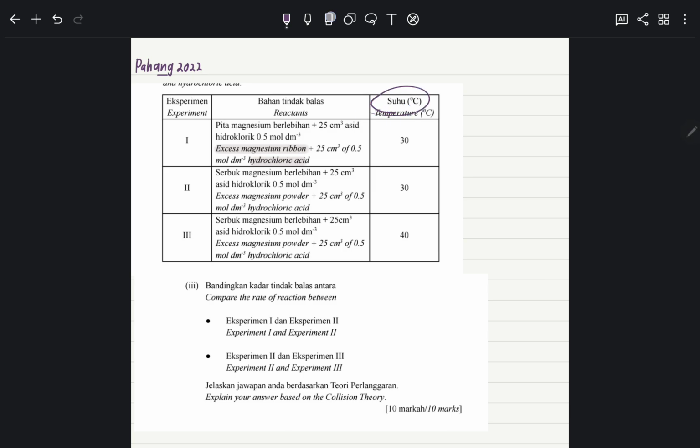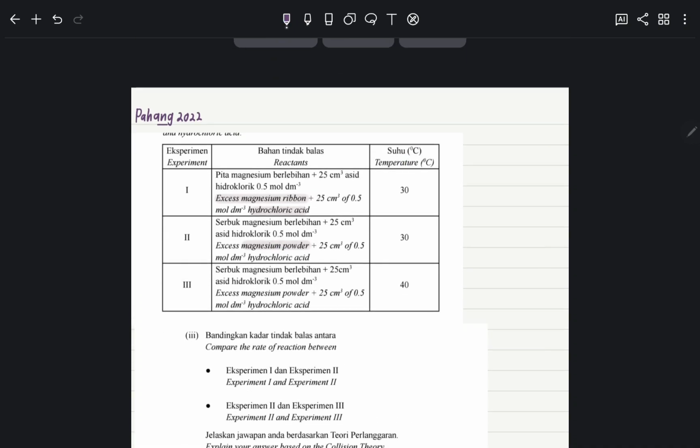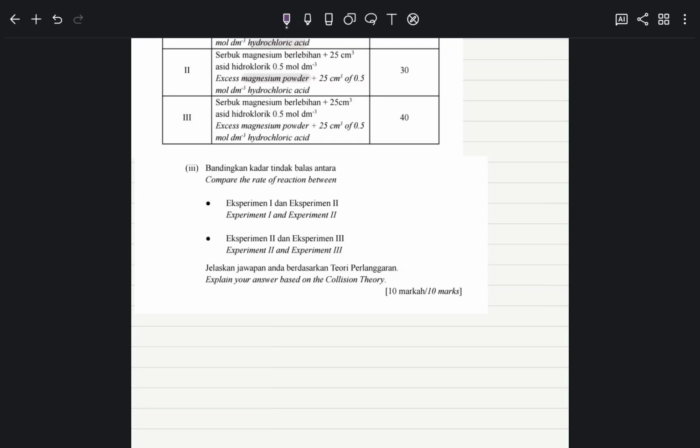Then you see the second set, they use excess magnesium powder. Try to see, the first set uses magnesium ribbon, the second uses magnesium powder. Remember, the factors should be only 4: either concentration, temperature, size, or catalyst.